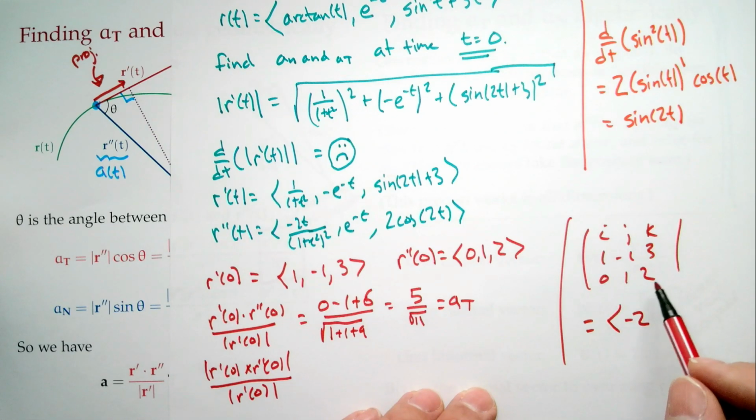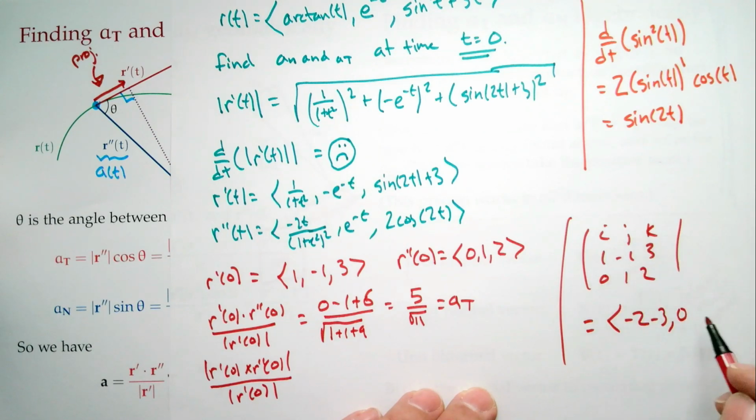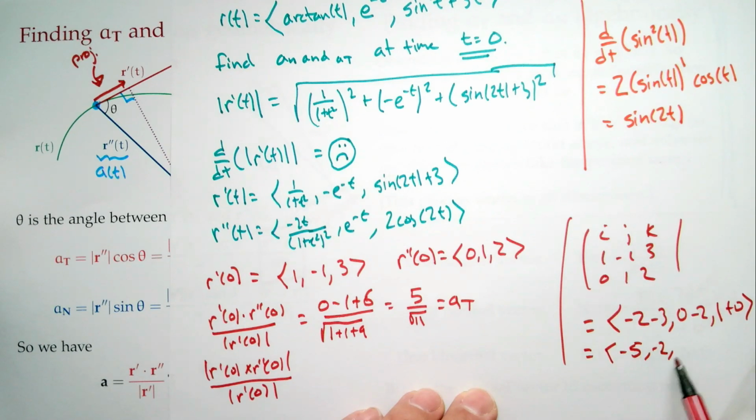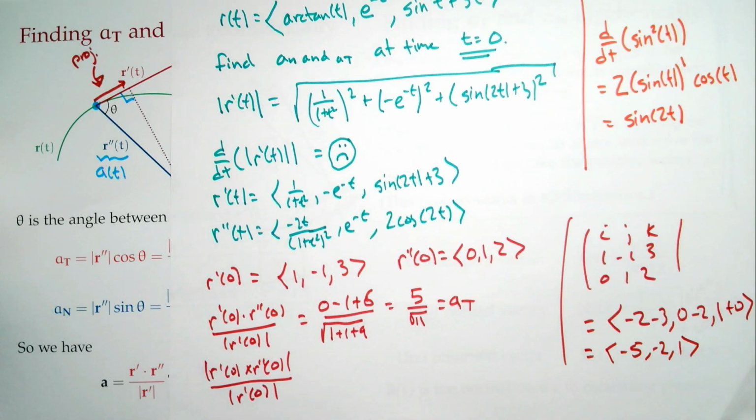And then later on we're going to have a negative 3i. And then there's a 0j. And then later on we're going to have a minus 2j. And we're going to have a plus k, and then a minus 0k. Actually, because I'm subtracting, I should say it's a plus 0k. So I think negative 5, negative 2, 1. Now I did that kind of quick, so what should I do?